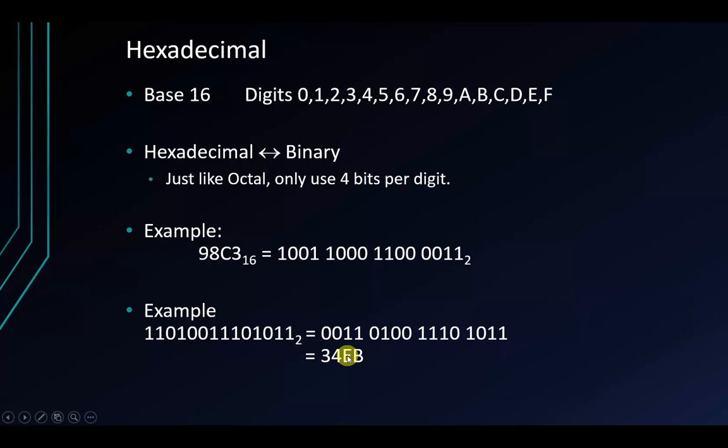And finally, hexadecimal. This one you're going to want to make sure you understand, because this is going to come up again, especially as we get into digital information in the context of colors and video and images in particular. So hexadecimal is a base 16. There are 16 digits. Now you might think, how can there be 16 digits? Well, when we get to the 9, we start adding alphabet letters.